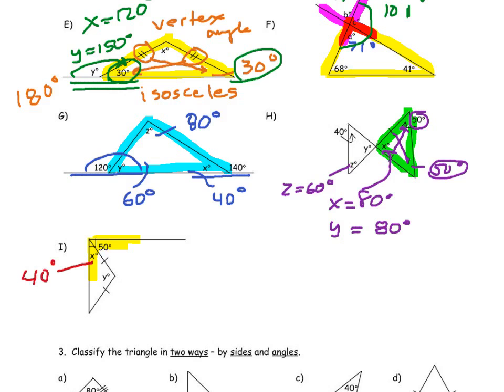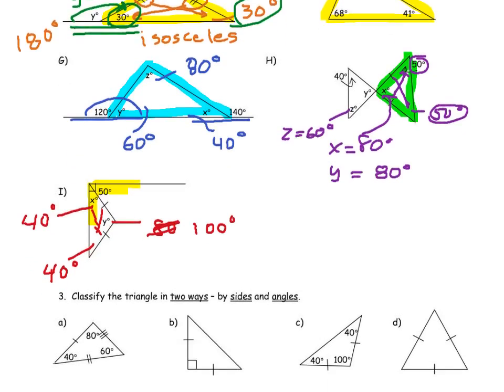And then if that's 40, then this angle and this angle are equal. So this angle down here, that you're not asked to find, but you still have to find, is also 40. And angle Y will be 80. No, it won't. Angle Y would have to be 100, because 40 and 40 is 80.